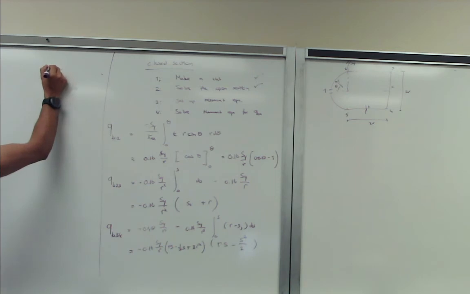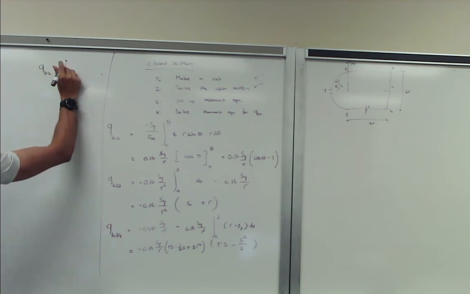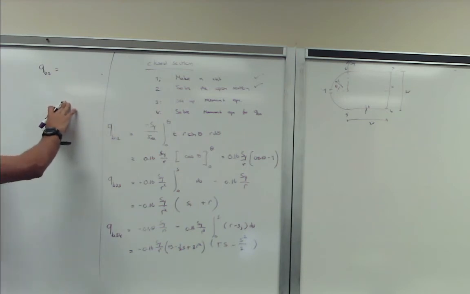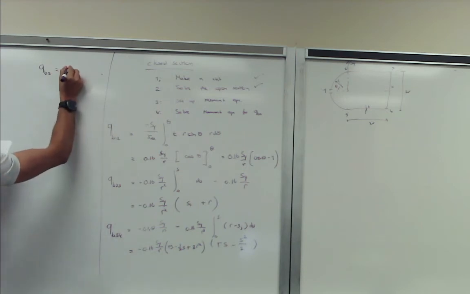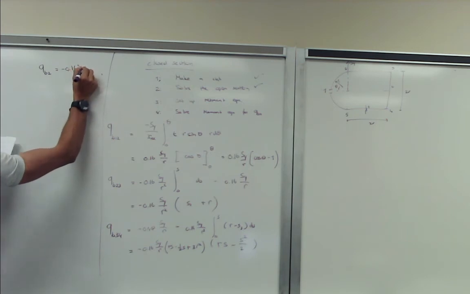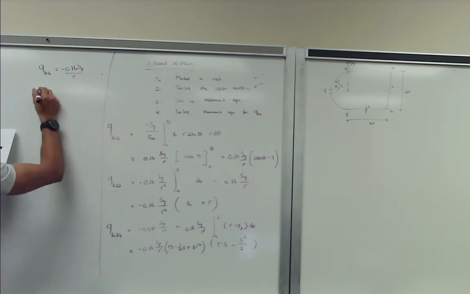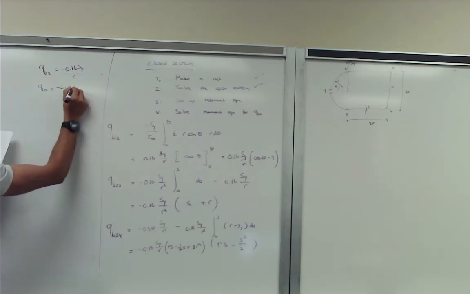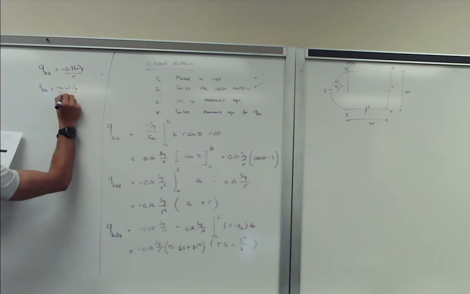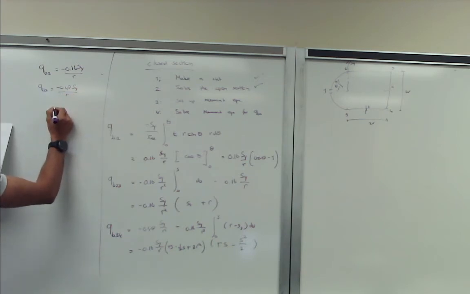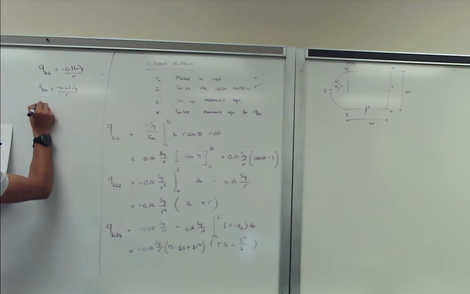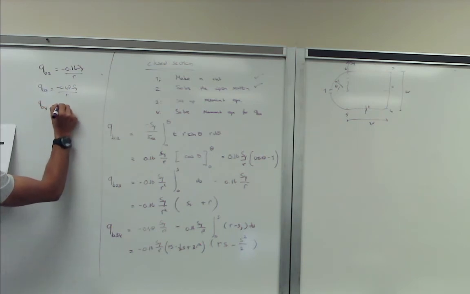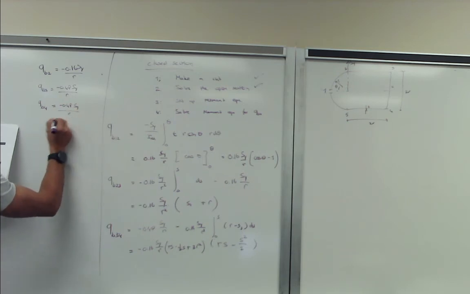So we calculated earlier QB2. We said that's negative. No, that's 0.16, negative 0.16 SY over R. QB3 was negative 0.48 SY over R. And then QB4 is negative 0.48 SY over R for symmetry.